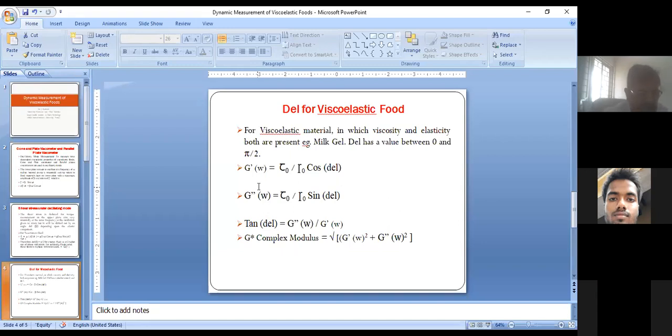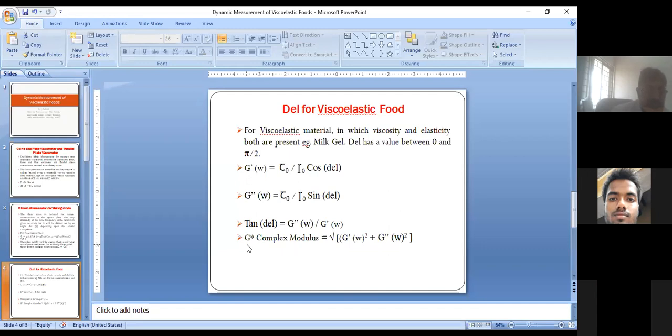This storage modulus is the measure of energy stored per cycle of the deformation. For viscoelastic materials, the elastic part of the stress, which is the part of the stress in phase with the strain, corresponds to the storage modulus.